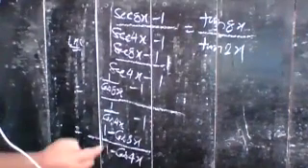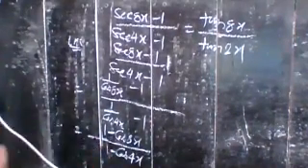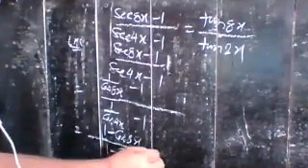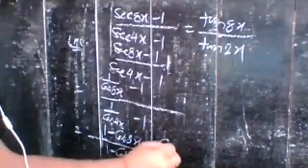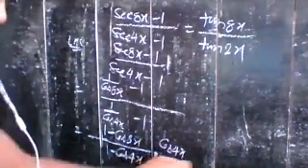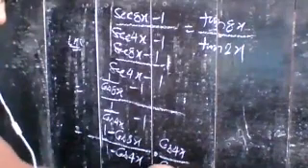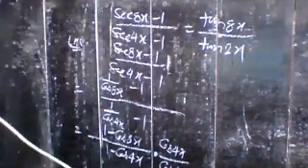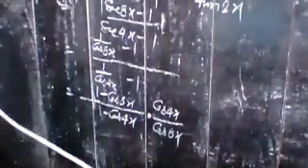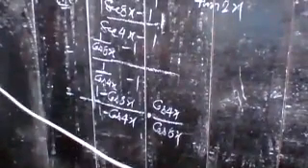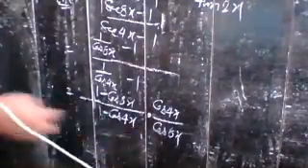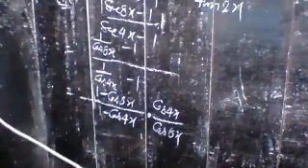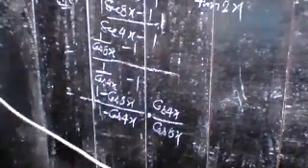The LCM part you can write in this way: cos 4x upon cos 8x. Just check it.